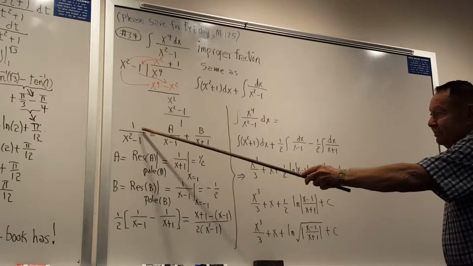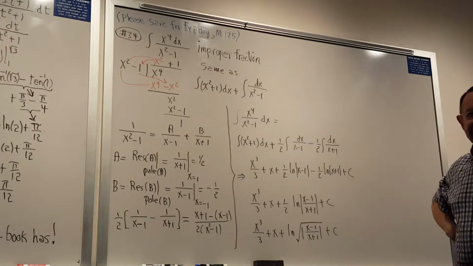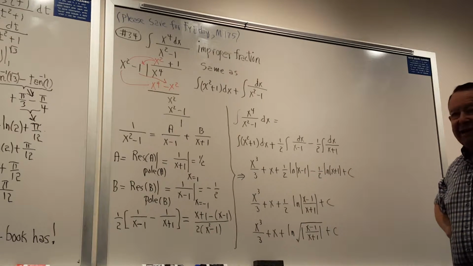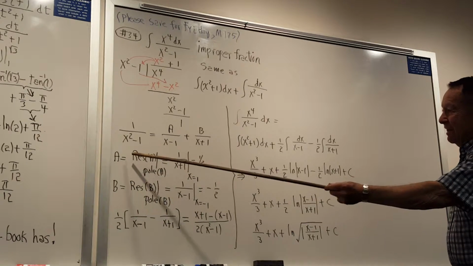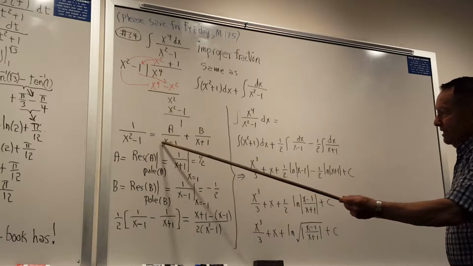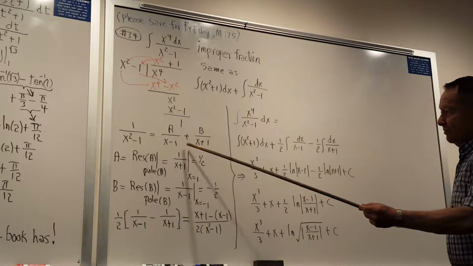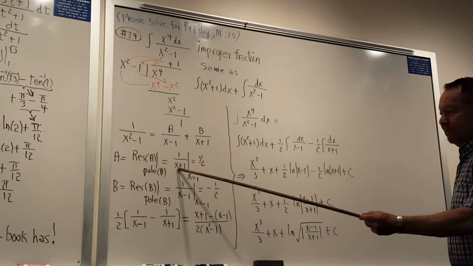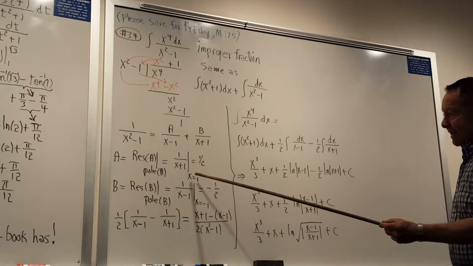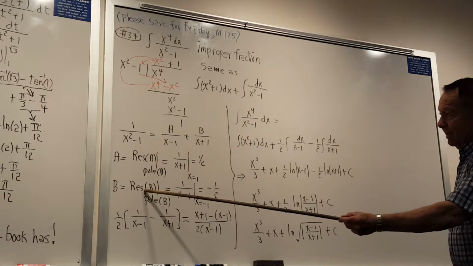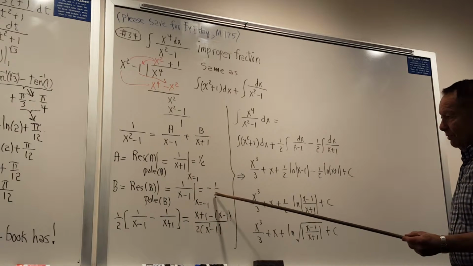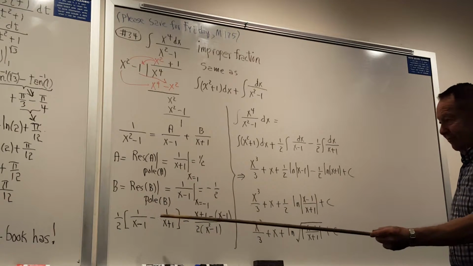And you can do 2 equations and 2 unknowns. If you really don't like my poles and residues, I don't care. But A would be the residue here, which would be 1 over x plus 1. And then at the pole, that will give you a half. And the B would be the residue at its pole, which will give you minus a half.